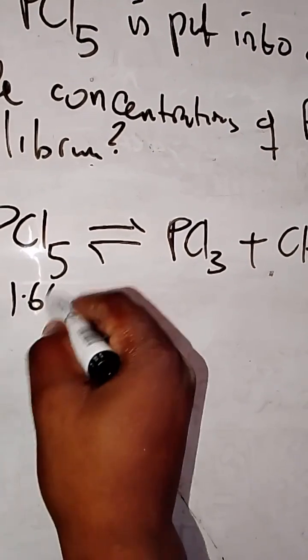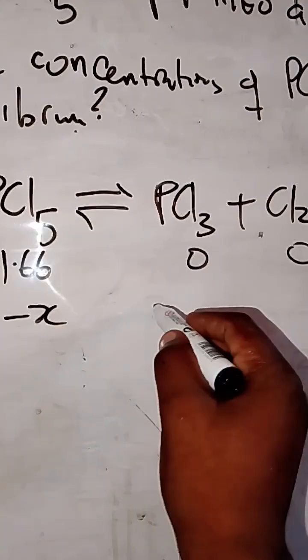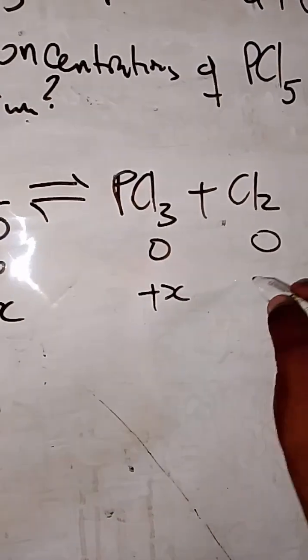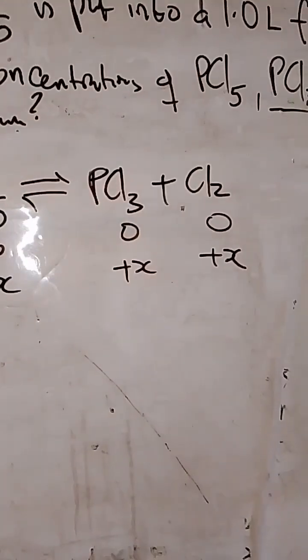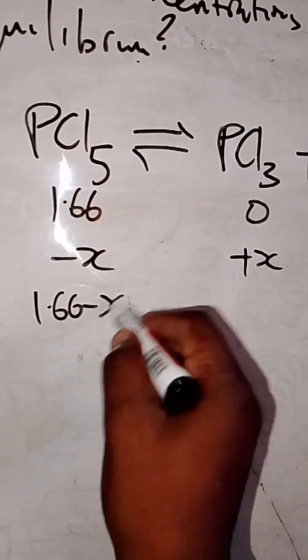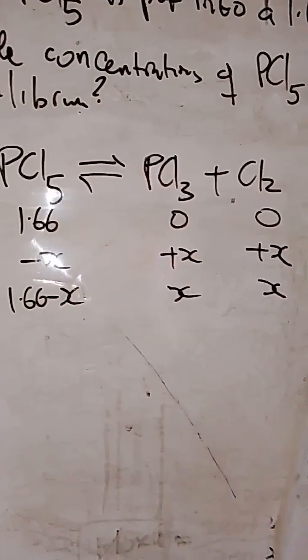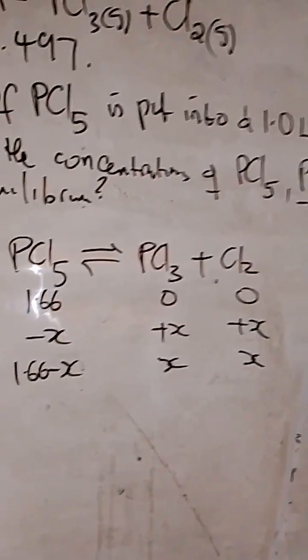Initial concentration 1.6600, 0, 0. Change: minus X, plus X, plus X. Equilibrium: 1.66 minus X, X, X.